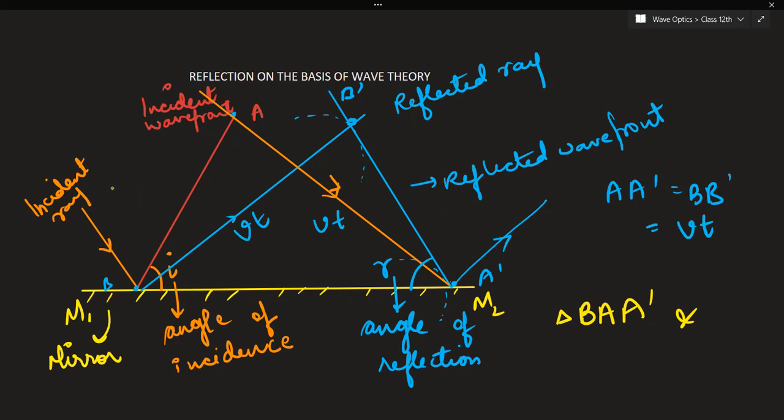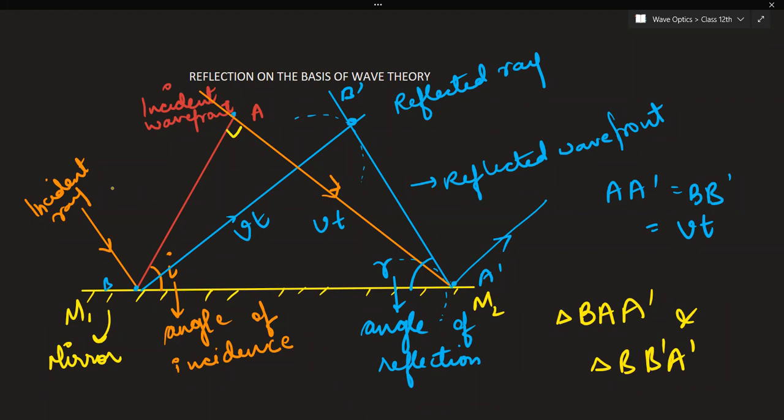This triangle and this triangle. So both these sides are equal, A dash B dash, right? And look at this angle here.